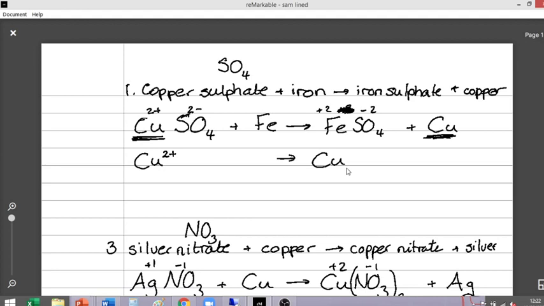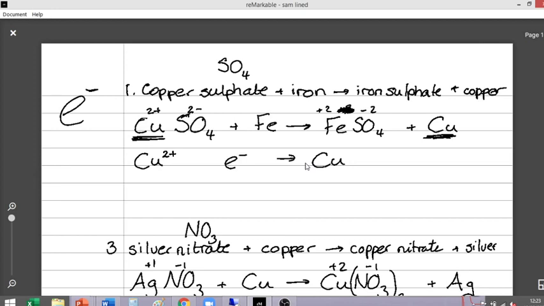So what we have to do is get the charge the same on each side, and the only thing that we can do is give one side of the equation or the other side of the equation electrons. So electrons always have a negative charge, and we represent them in an equation as e-. So I'm going to put the electron here.